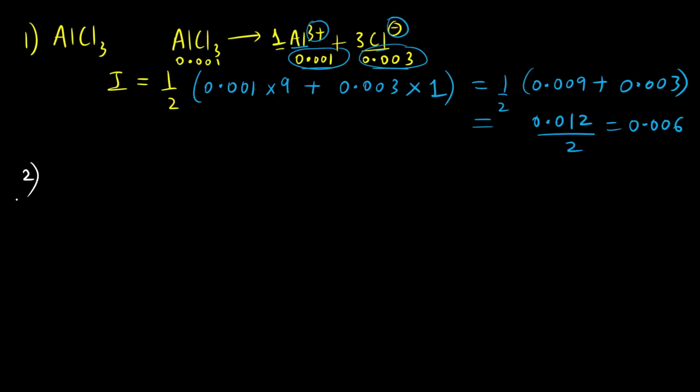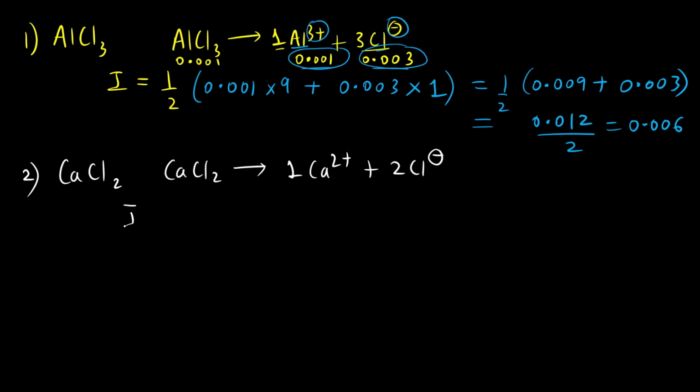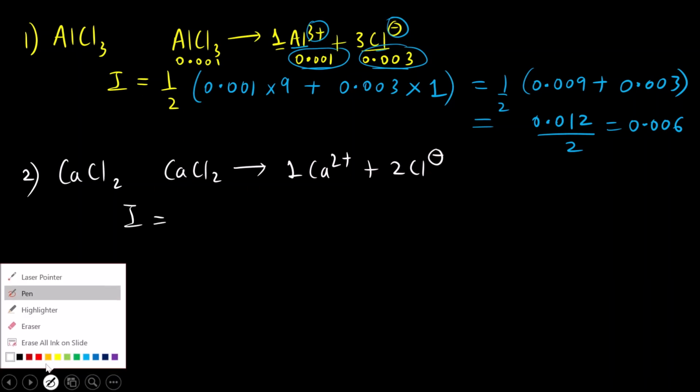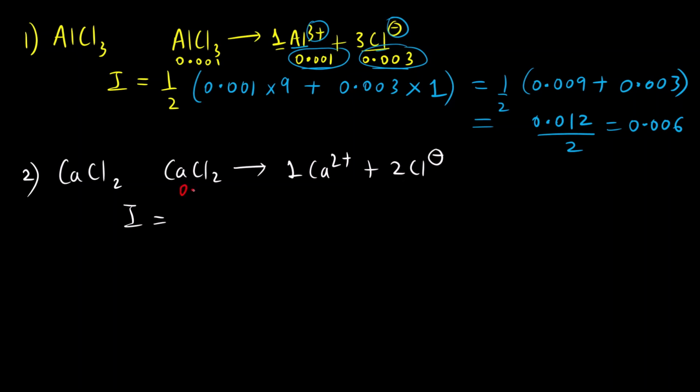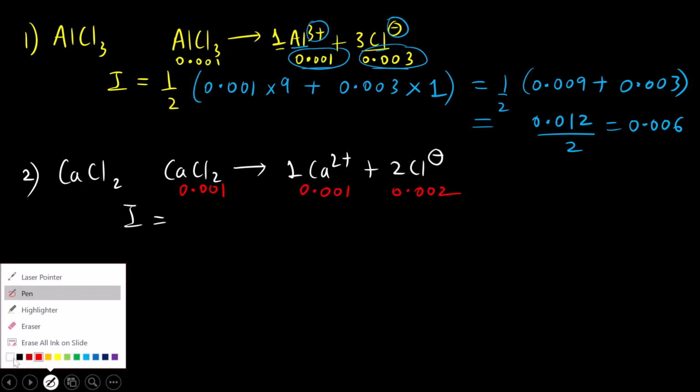Similarly you can find it for the second one, calcium chloride: 1 Ca2+ ion plus 2 Cl-. Before the ionic strength, write down the concentrations. Calcium is 0.001, since 1 mole is present. Chloride is 0.002, since 2 moles are present. Now substitute.